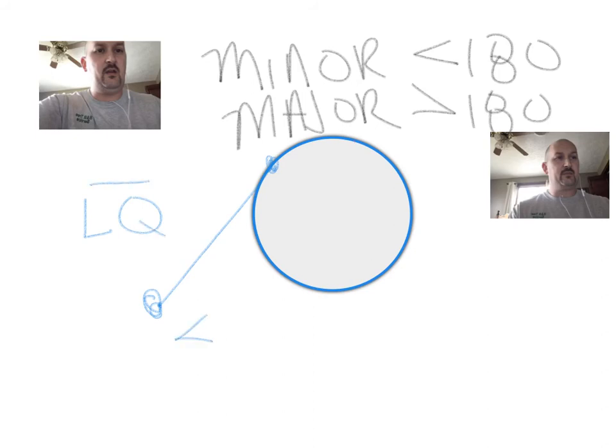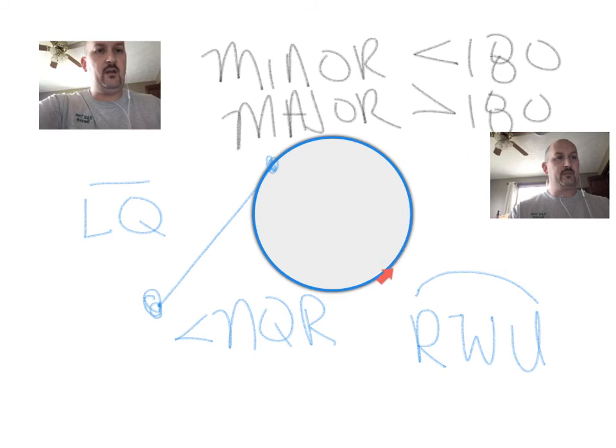If it says an angle, like NQR, well, obviously, we know what the angle symbol means. We've done that before. The only new thing is on number 5 here, it says RWU. Again, I think we can use a little common sense: you see the arc over top of the 3 letters. That means we're talking about how many degrees the arc going around it is. Okay?